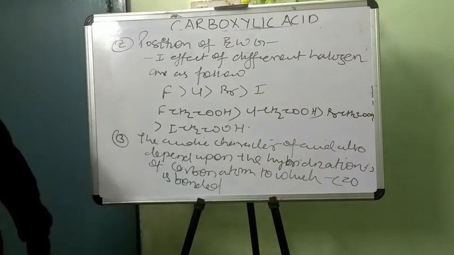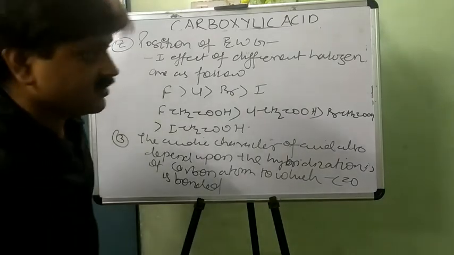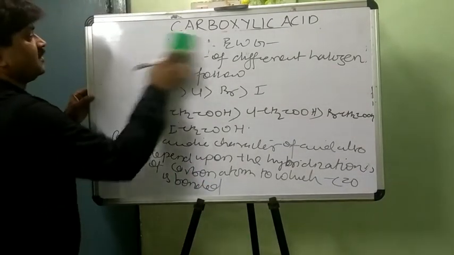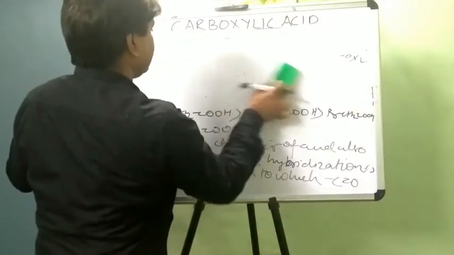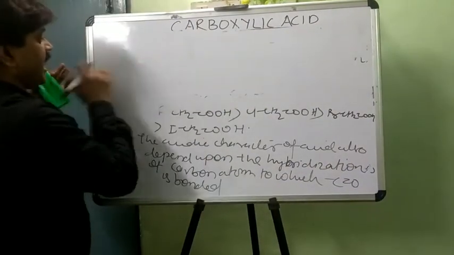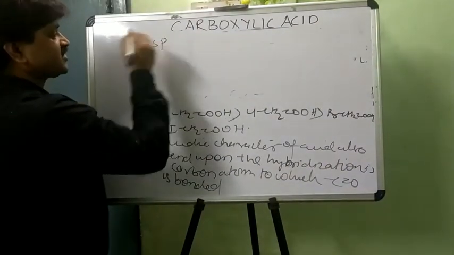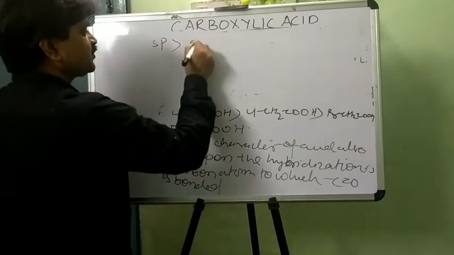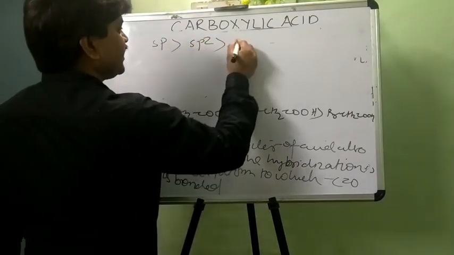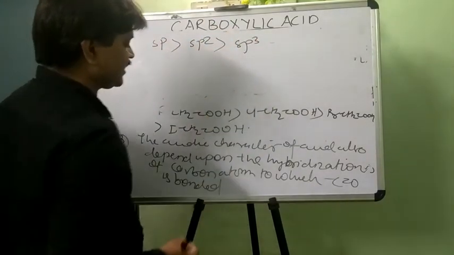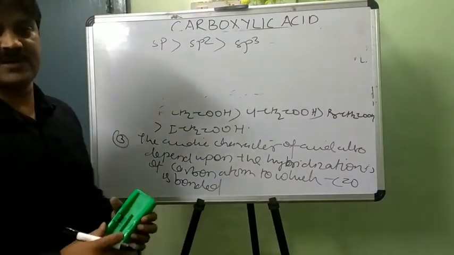For example, sp, having more s character, is more acidic than sp2, which is more acidic than sp3. So the higher the s character, the higher the acidic strength of the carboxylic acid.